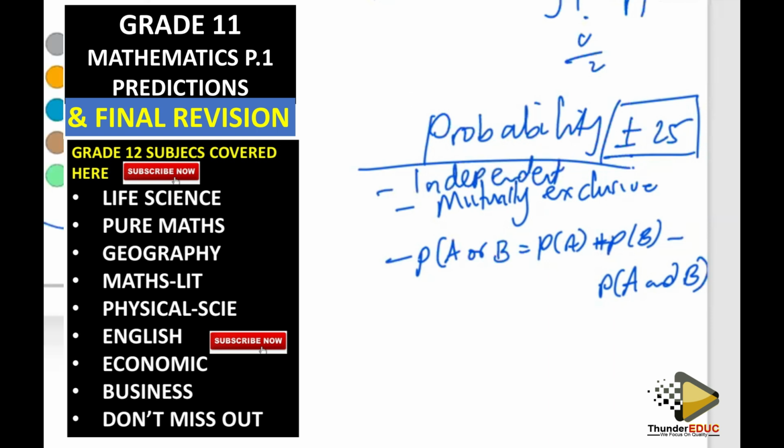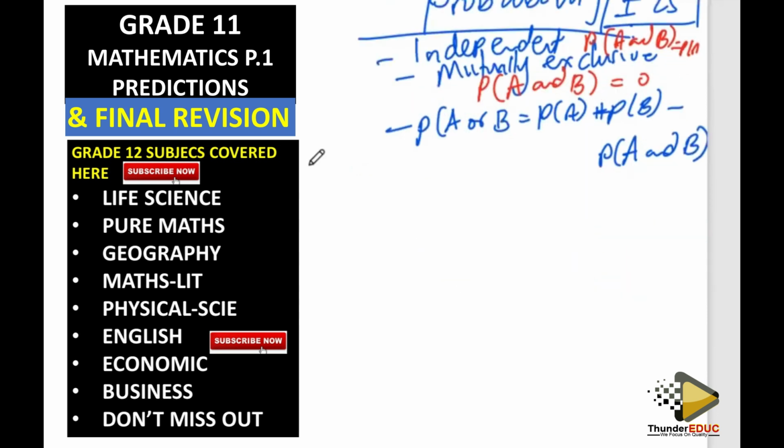We need to remember that if events are mutually exclusive, the probability of A and B will be 0. If events are independent, the probability of A and B will be the product of A times B. And then we just apply this formula if they are asking for it.